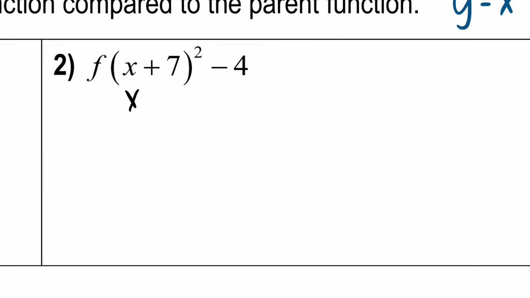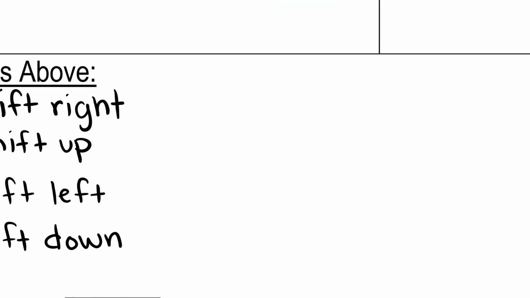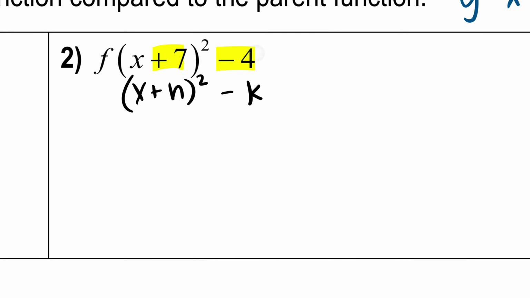Alright, number 2. Now I have x plus h and then minus k. So plus 7 minus 4. So again, plus 7, if we go back to our notes real quick, the plus h is shift left and the minus k is shift down. So left and down. So plus 7 is shift left, 7 units.